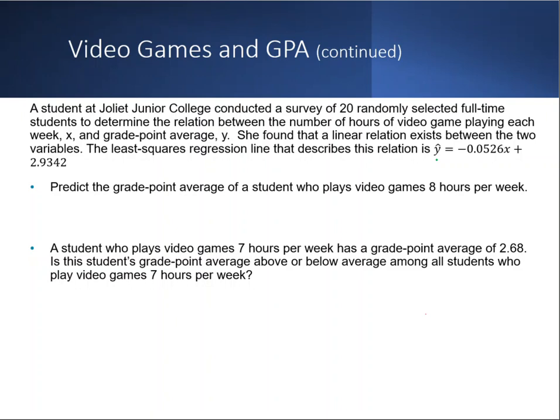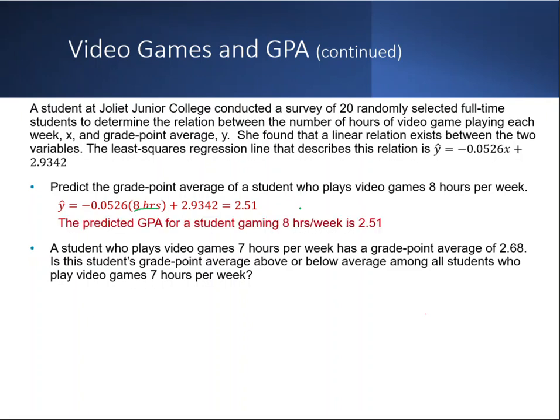I'm going to use the formula that was already given in the problem and substitute in for X, because X is the hours spent gaming. So I plug in 8 for X and simplify with my calculator, and I find 2.51. This means the predicted GPA for a student gaming 8 hours per week is 2.51.